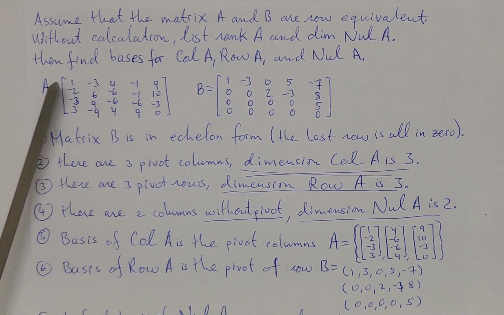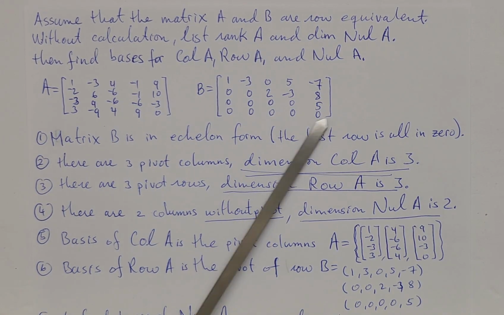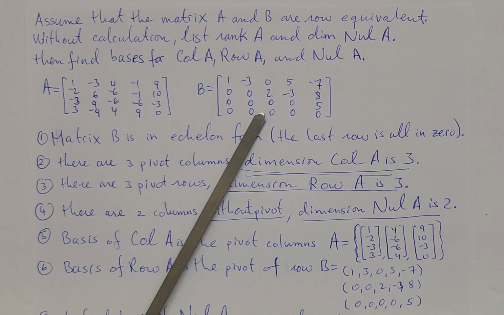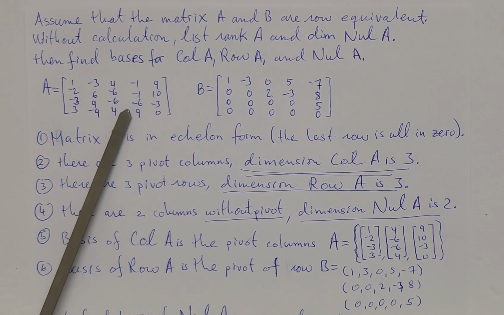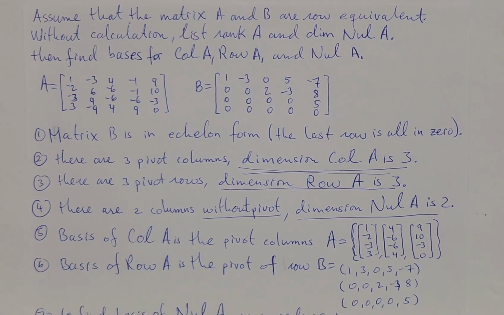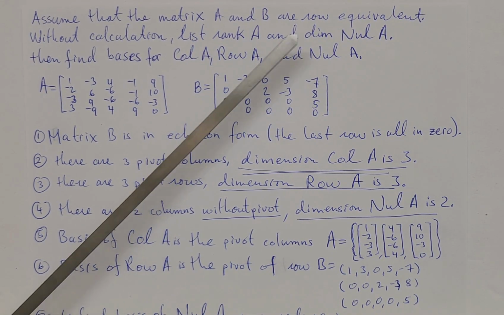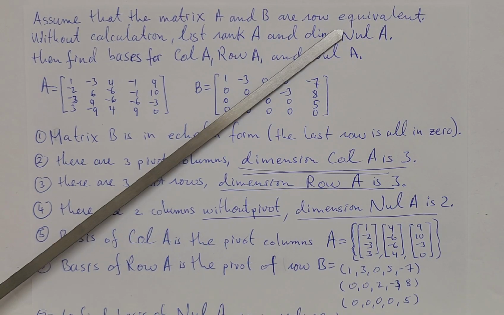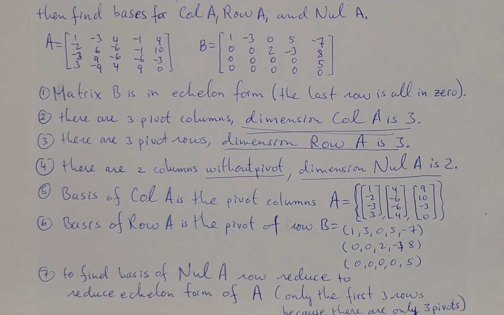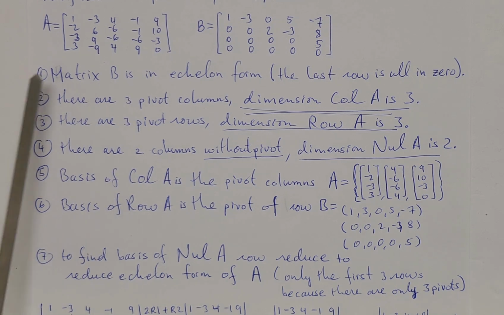One more time, A is the original matrix, and B is the solution from A after row operations. So that's what it means when A and B are row equivalent.